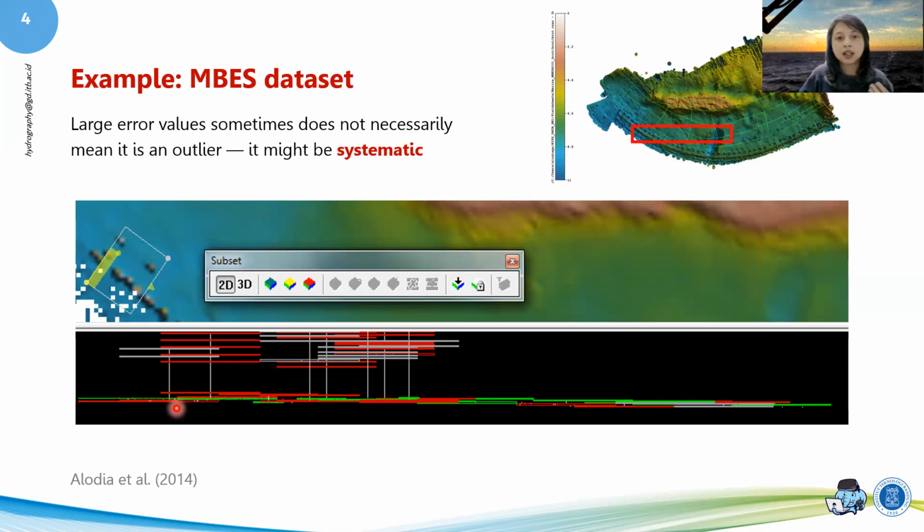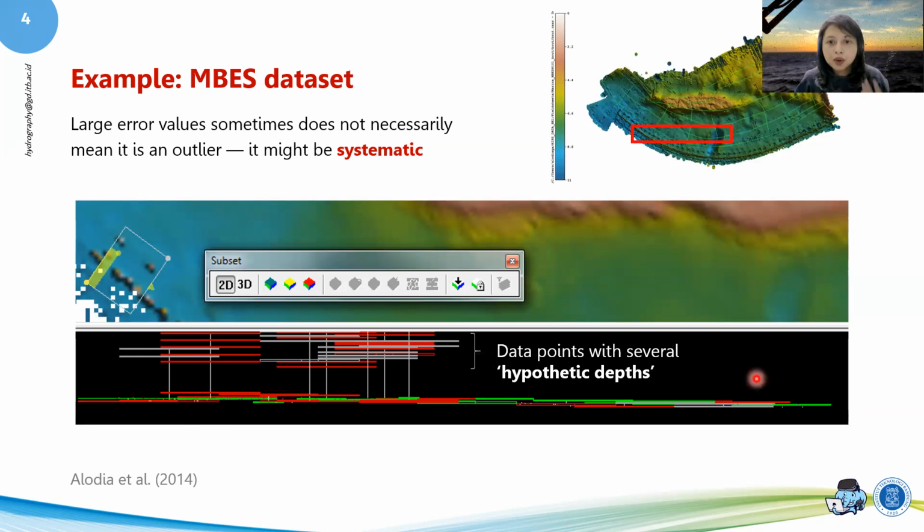But basically, in this hypothesis, you've got several data points in one horizontal position. Those are called the hypothetic depths. And how do we deal with these hypothetic depths? How do we actually choose them? That will be explained in the next segment, where we are going to talk about systematic errors.